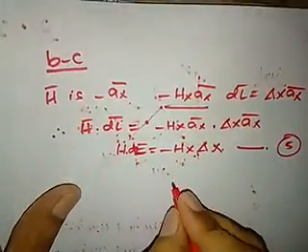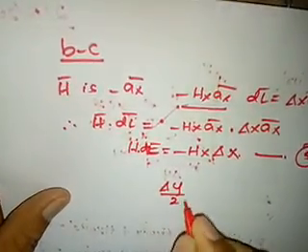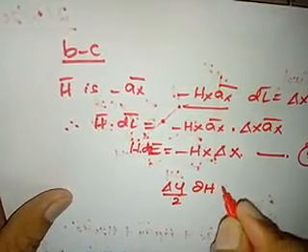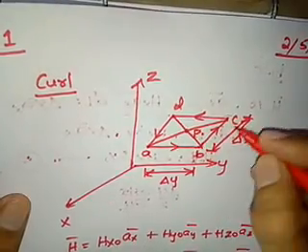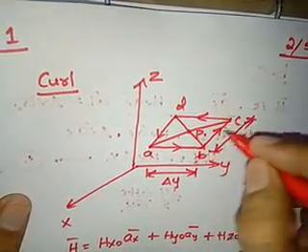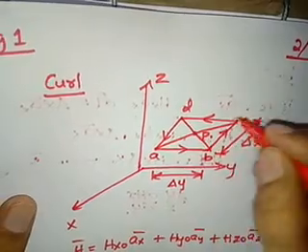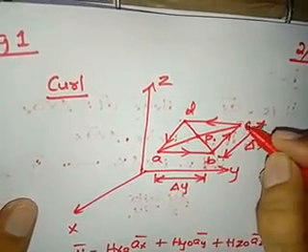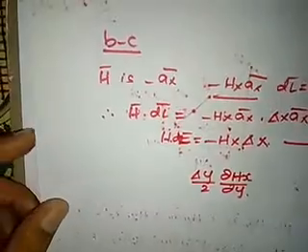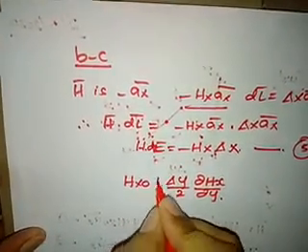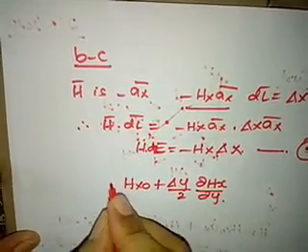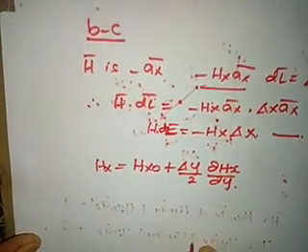This delta y by 2 will be multiplied with the component ∂Hx/∂y, the rate of change of Hx with respect to y, because it is now rotating in the y direction. So this is delta y by 2 ∂Hx/∂y, plus Hx0. So this is our Hx component.